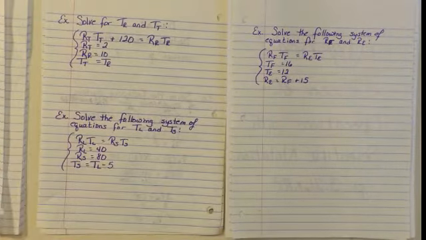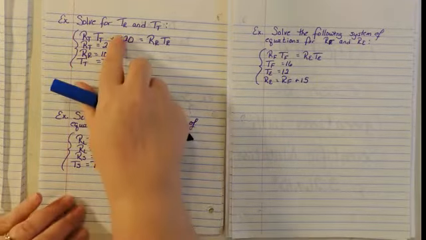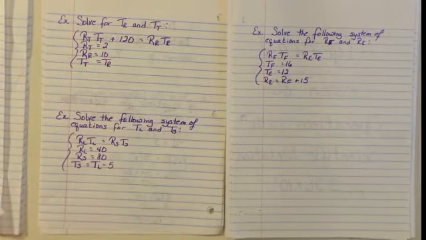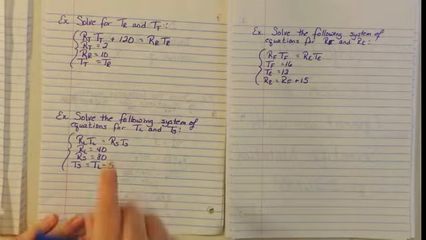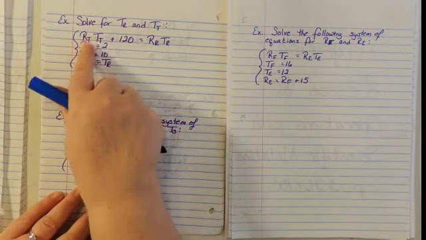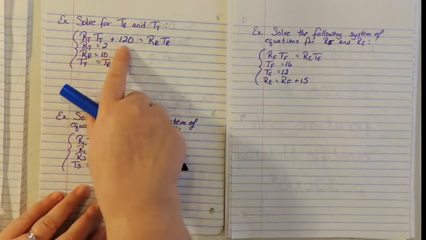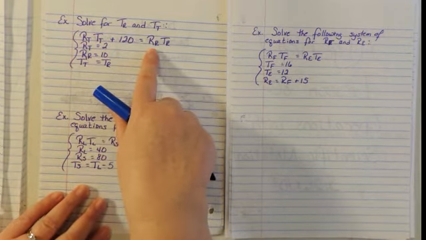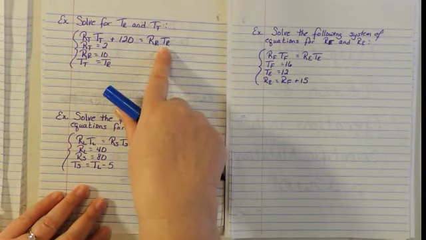Here's another one. We're going to solve for, let's see, we've got T's and R's. So we'll say the time of the rabbit and the time of the turtle. Okay, so the rate of the turtle times the time of the turtle, this is the distance, plus 120 equals the rate of the rabbit times the time of the rabbit.